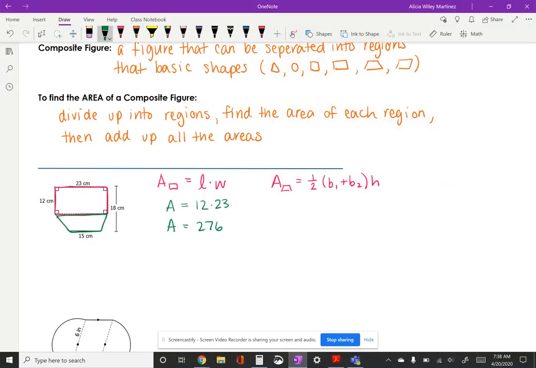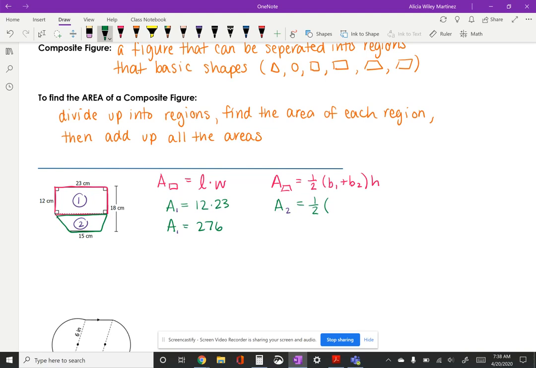Okay, so if you want to, you can do area of rectangle like that. To distinguish the different areas, a lot of people like to label, like, this is region 1, this is region 2, so this is going to be area 1. Let's do area of region 2, and that is of the trapezoid.